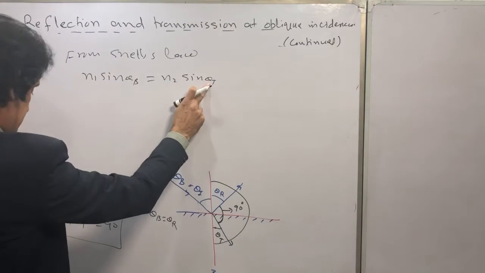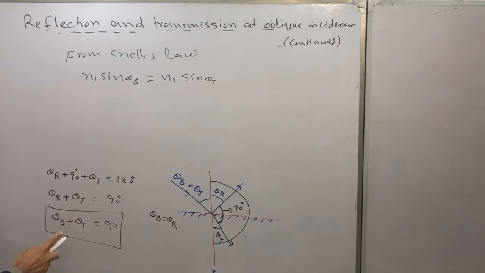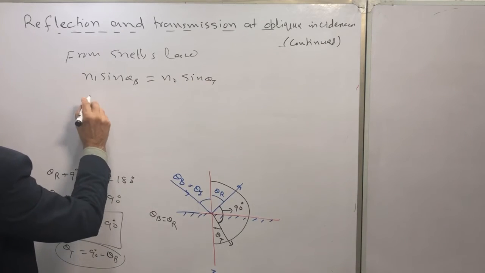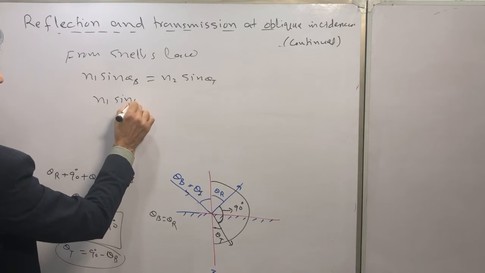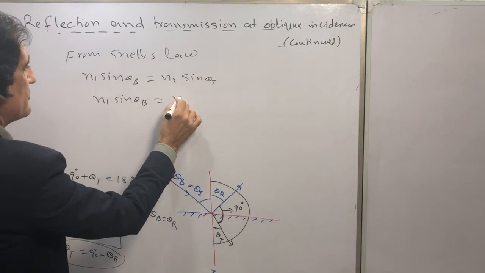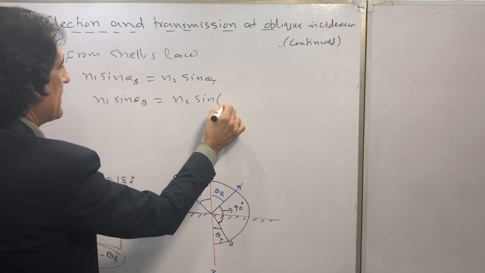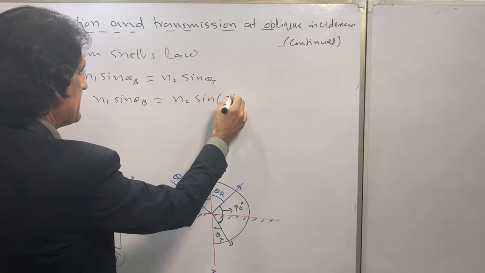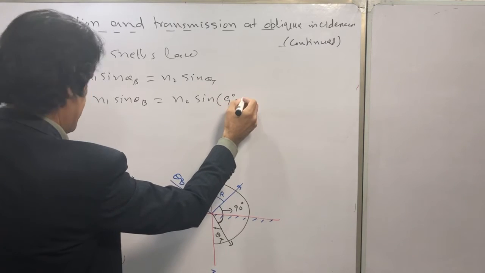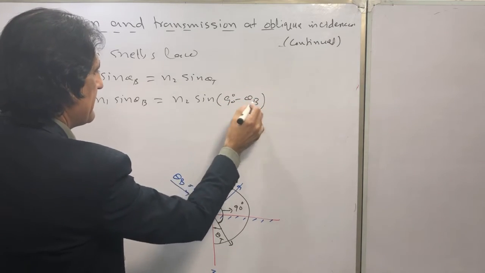And here the transmitted angle, we can obtain this from theta t, which is equal to 90 degree minus theta b. So this theta t we can put here. So n1 sine theta b is equal to n2 sine of (90 degree minus theta b).